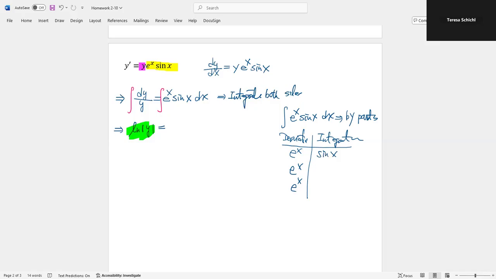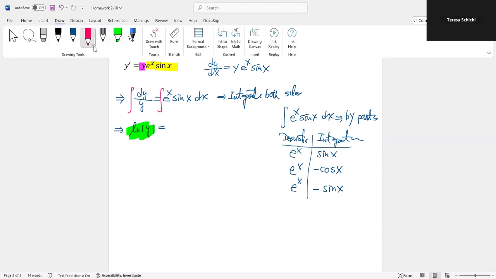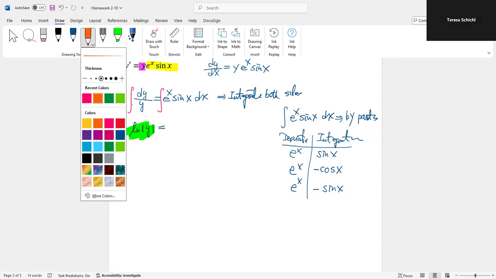The integration of sin x is negative cosine x. Then the integration of negative cosine x will be negative sin x. This is the place we will stop, because we find out this column would repeat and never end, right? So we stop here.